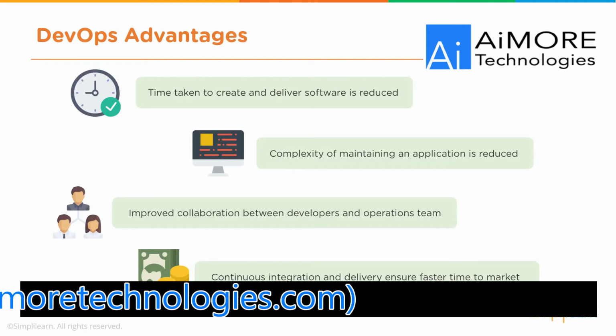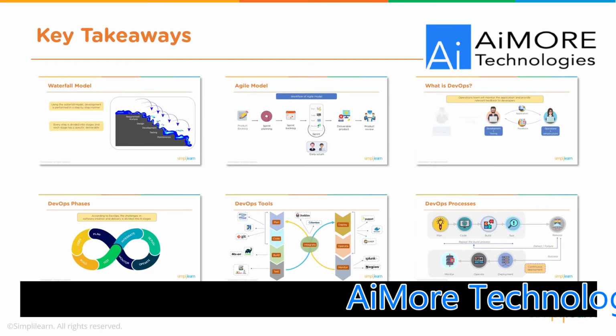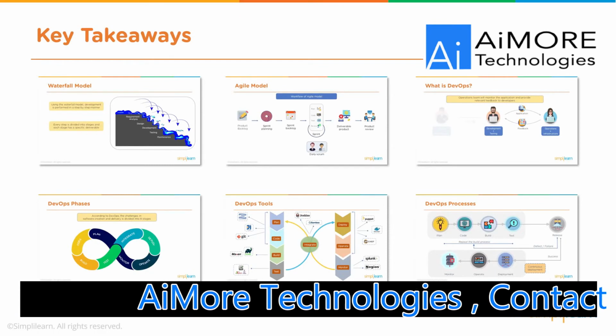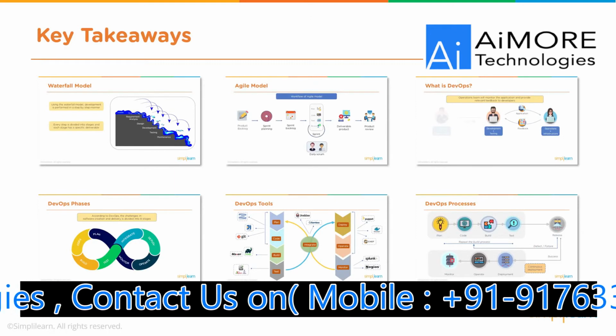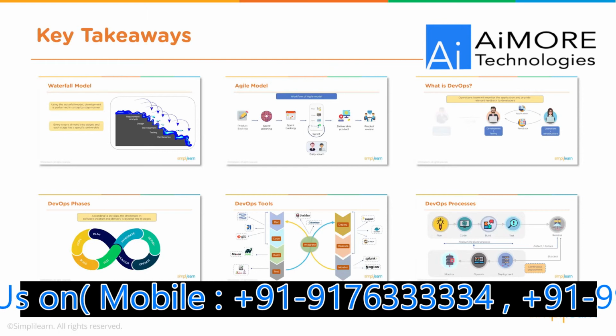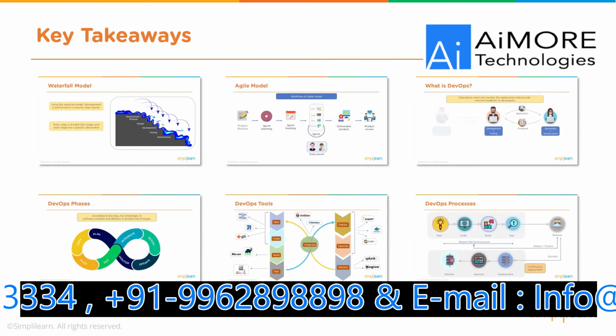So we have 6 key takeaways that hopefully you learned from this presentation. We went through 2 delivery models, the Waterfall and Agile model, and Waterfall is a legacy model that is still very popular, but it has some restrictions in that the actual delivery can take weeks or months for the actual project.